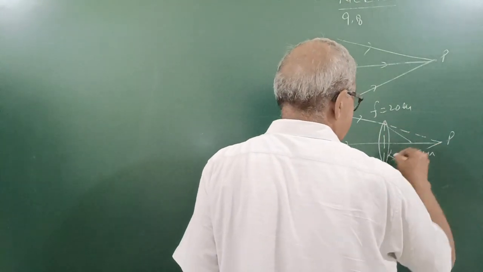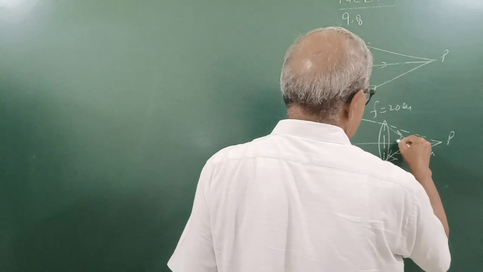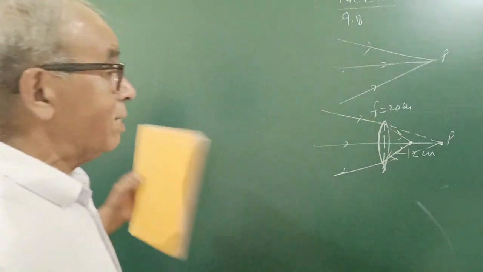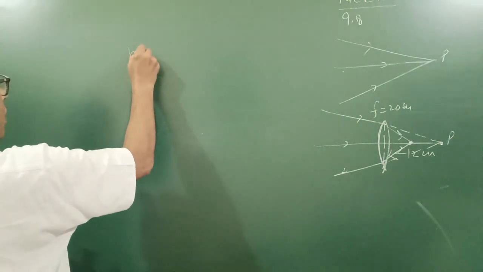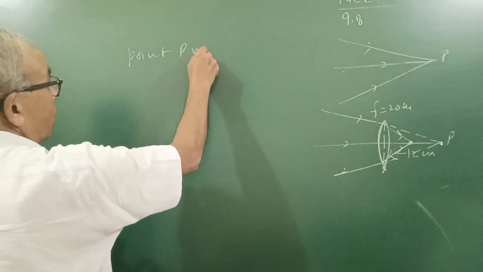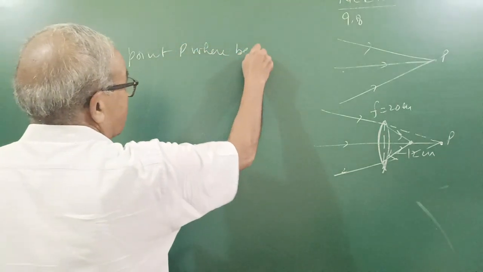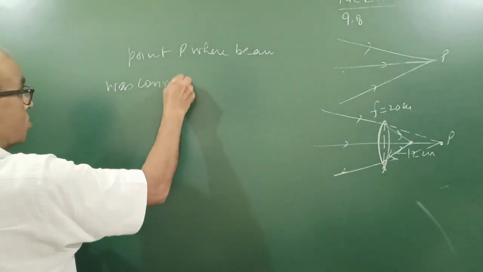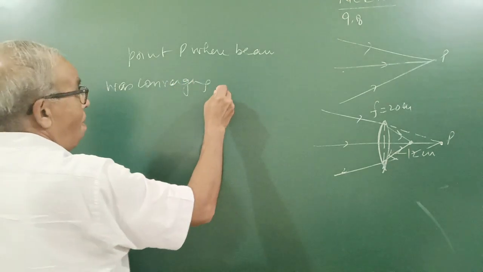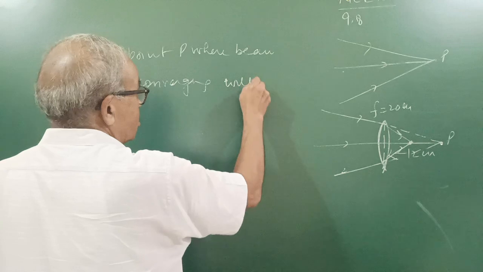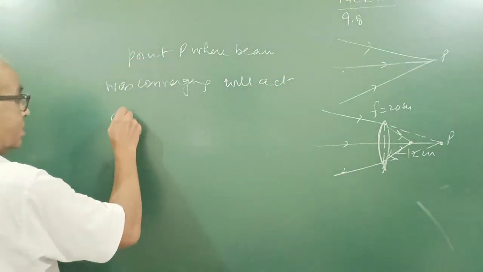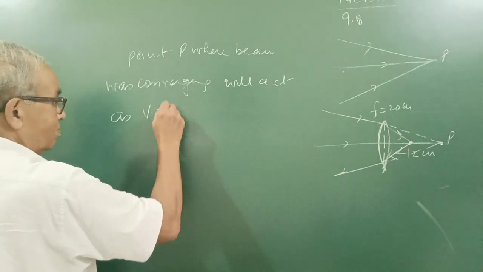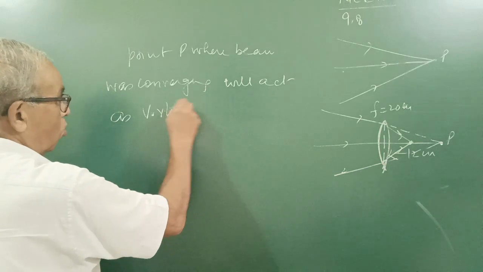So for this convex lens, this point P where the beam was converging will act as a virtual object.